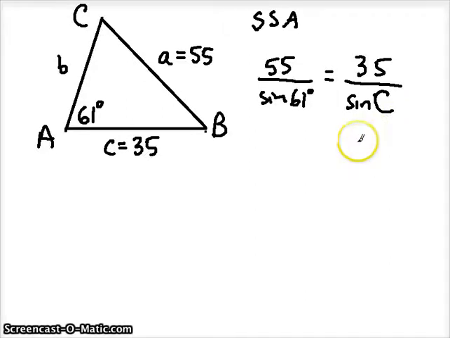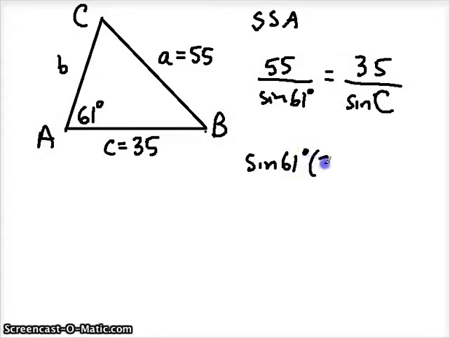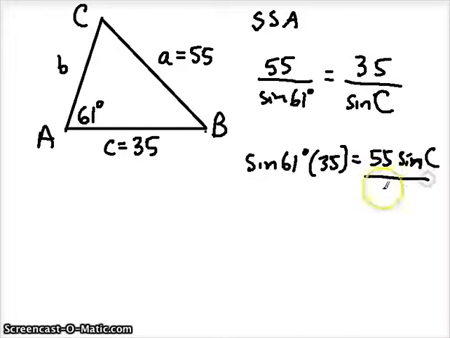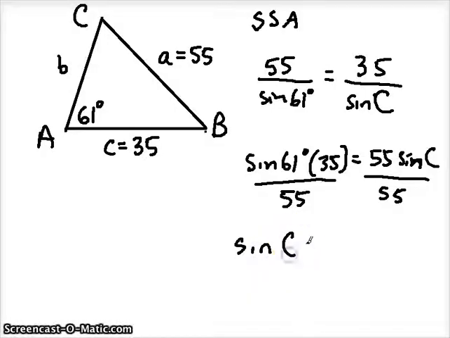So this time we're going to be solving for an angle. So again, we cross multiply to solve a proportion. Sine of 61, whatever that decimal value is, we're going to multiply it by 35. And we're going to set it equal to 55 times sine C. So if I divide by 55 first, then if you take this and use your calculator, it should give you a decimal that's pretty close to this.